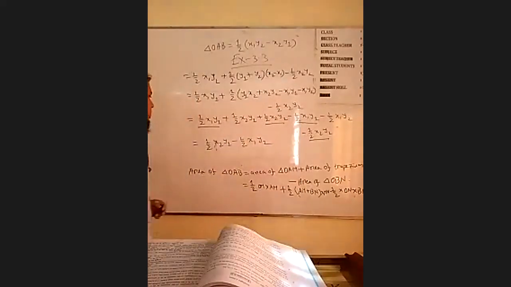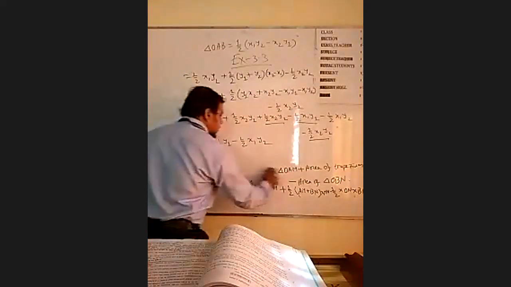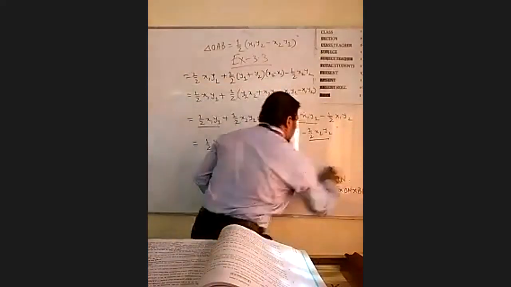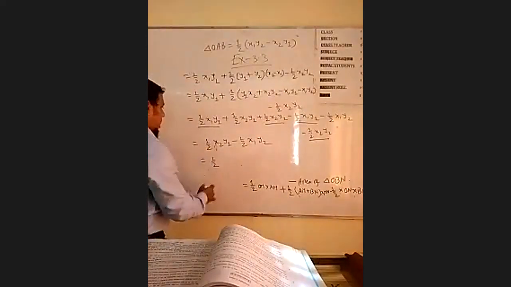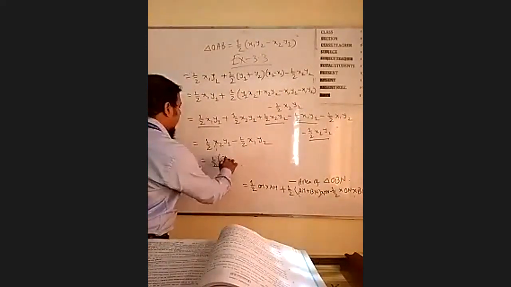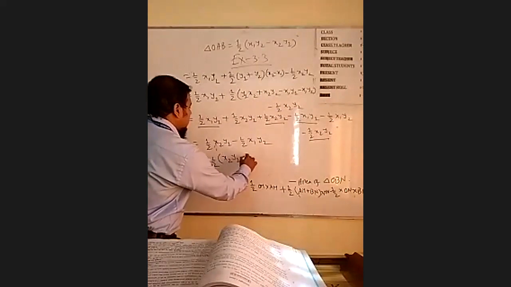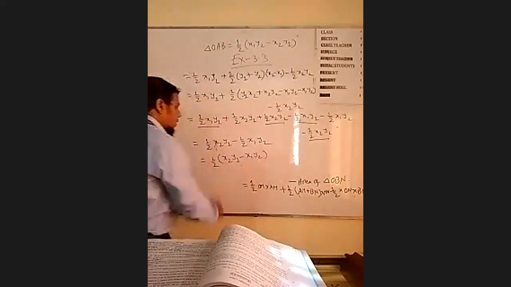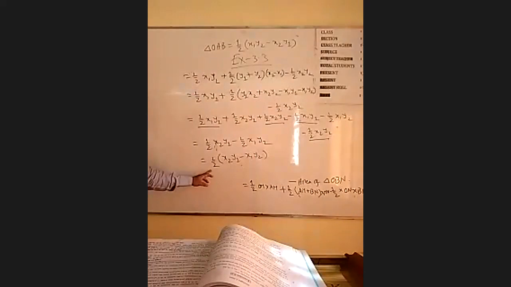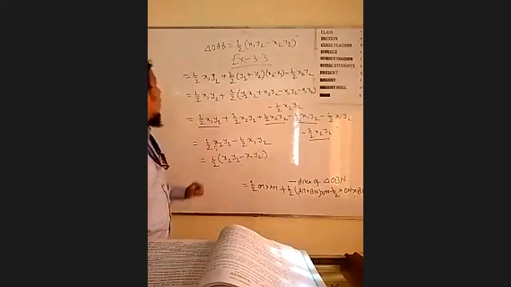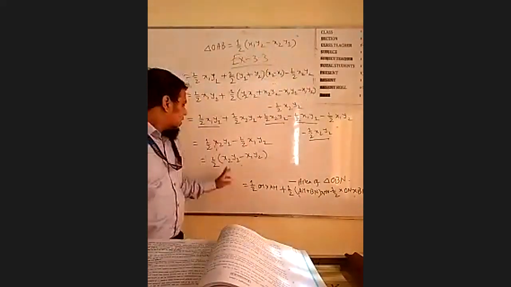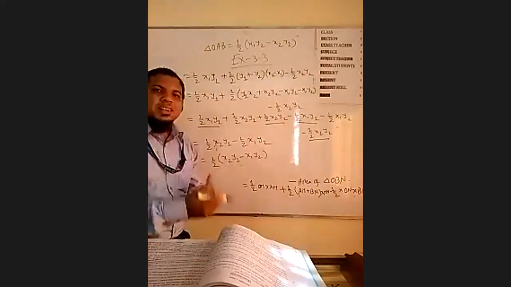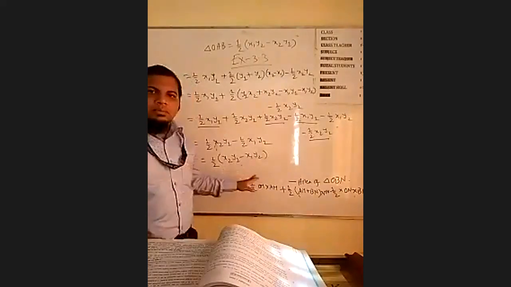If I take half as common, we get half into x2 y1 minus x1 y2. But our proof is x1 y2 minus x2 y1. Just a reverse has come, no problem.